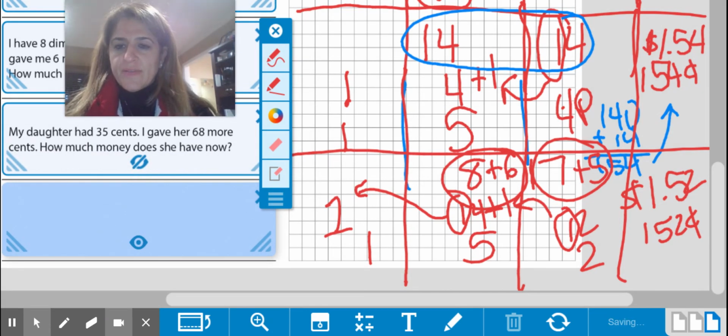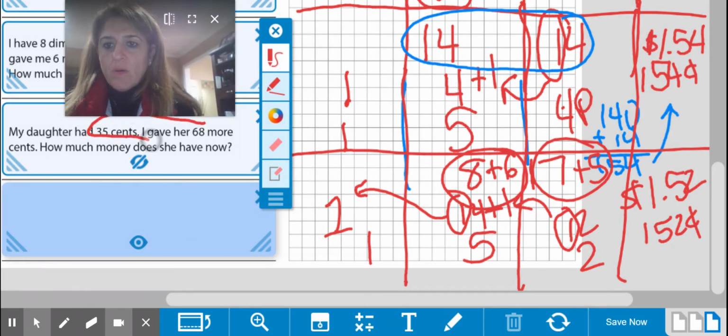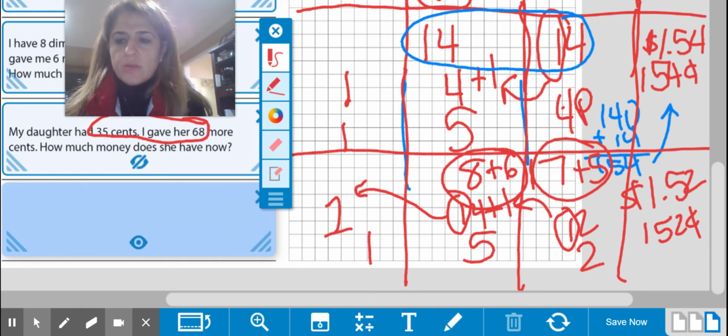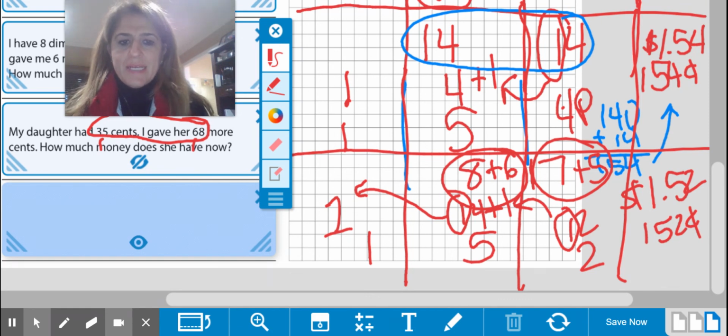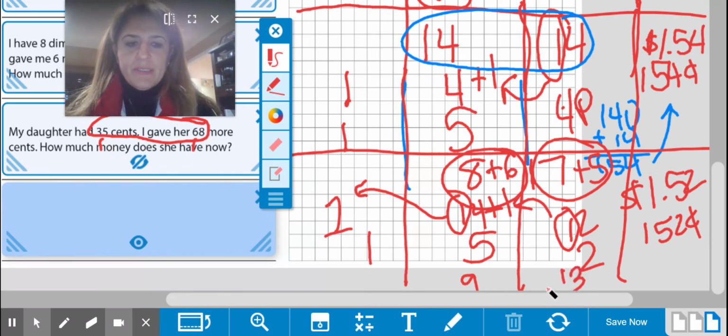My daughter had 35 cents. I gave her 68 more cents. So you can add these two together, or you could put them in this column like I showed you. So you have 3 dimes and 6 dimes, right? That's 9 dimes. And then you have 8 pennies plus 5 pennies. That's 13 pennies.